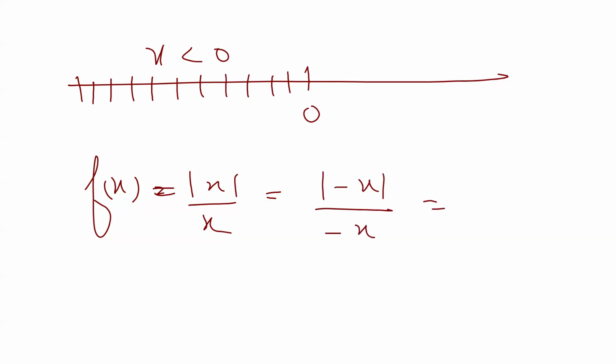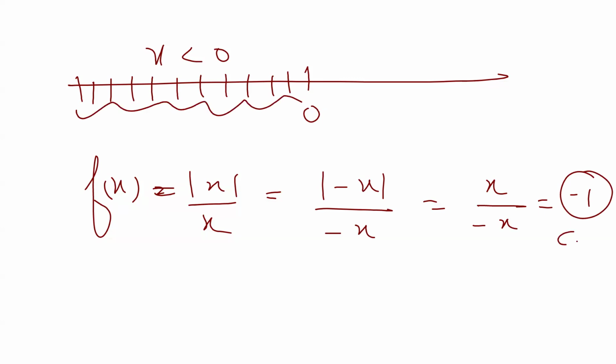There won't be a single positive value. So this is x upon minus x, which is minus 1. So for any real value of x which is less than 0, we get a constant function, and a constant function is always continuous. Therefore, it is continuous at any real value of x which is less than 0.